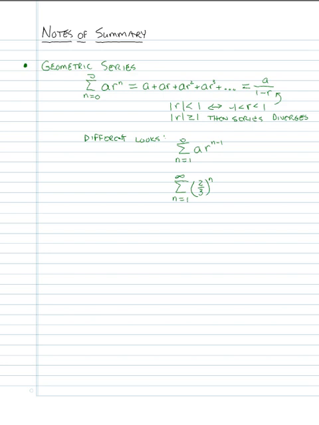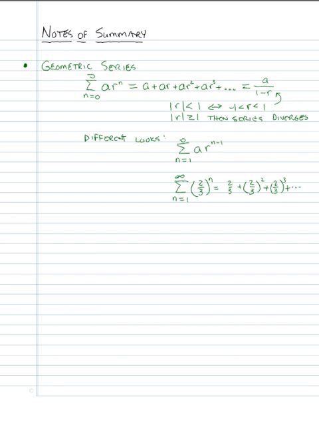If we were to write that out, we find real quickly that this is 2/3 plus 2/3 squared plus 2/3 cubed, and so on.